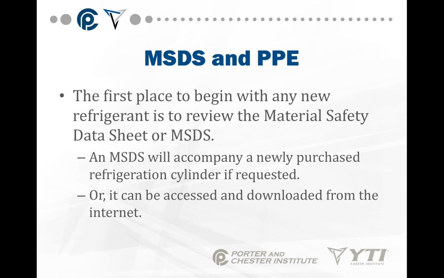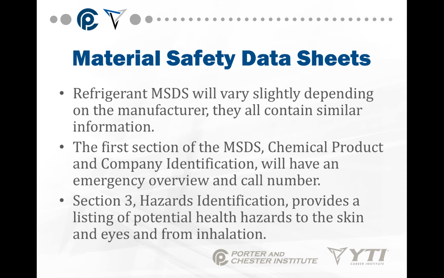So the first place to begin with any new refrigerant you use is to review the Material Safety Data Sheet. The MSDS will accompany any newly purchased refrigerant cylinder if requested, or they can all now be downloaded and accessed from the internet. Refrigerant MSDS sheets will vary slightly depending on the manufacturer, but they all contain similar information.